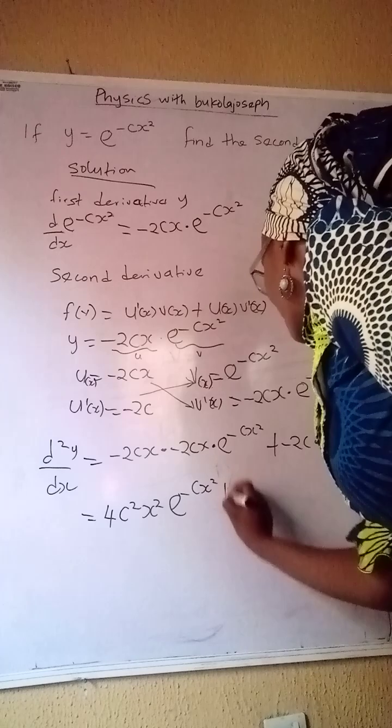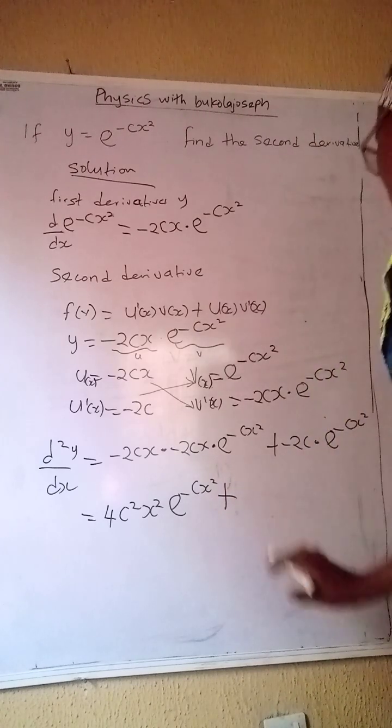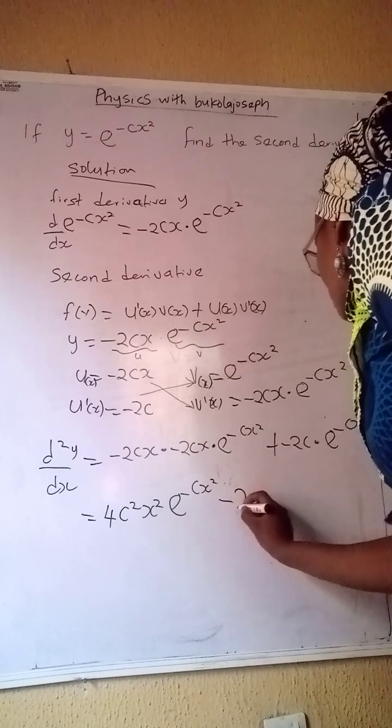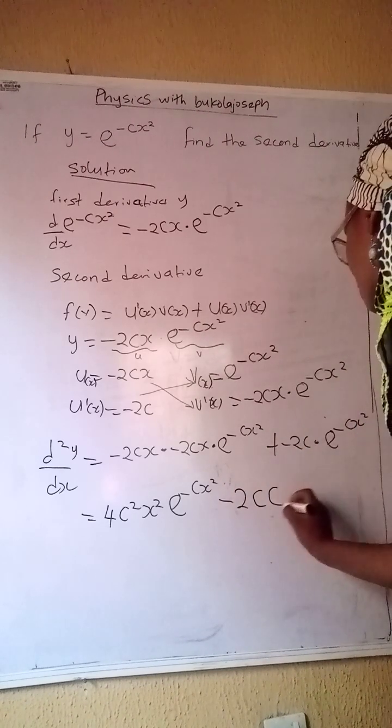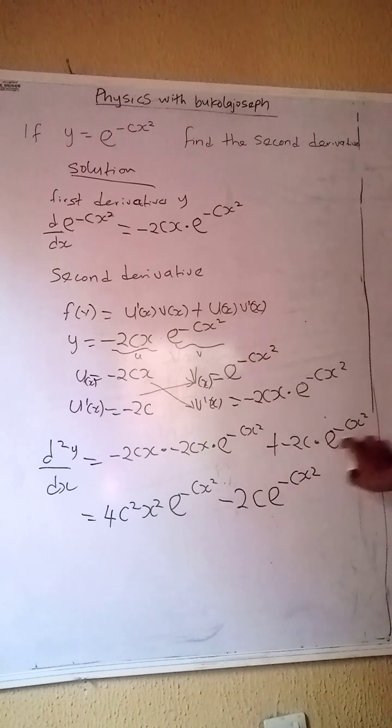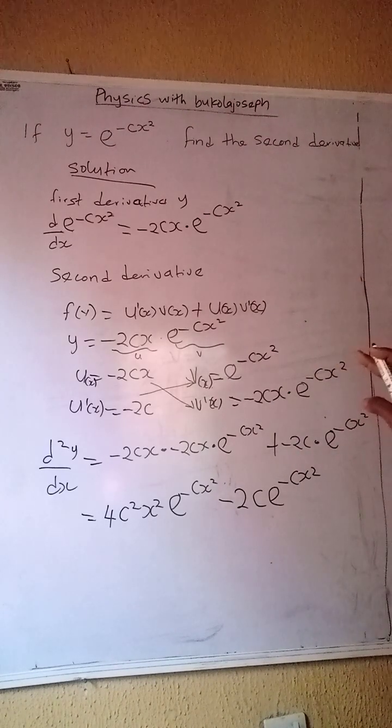Then plus minus is minus, so we have 2c e^(-cx²).